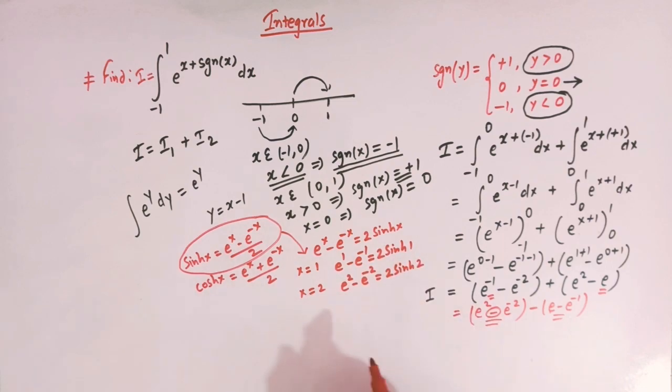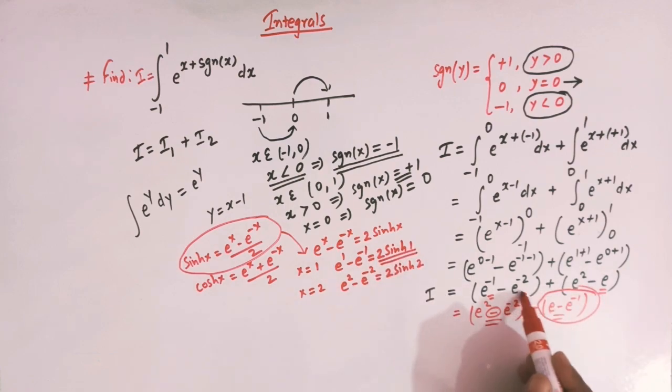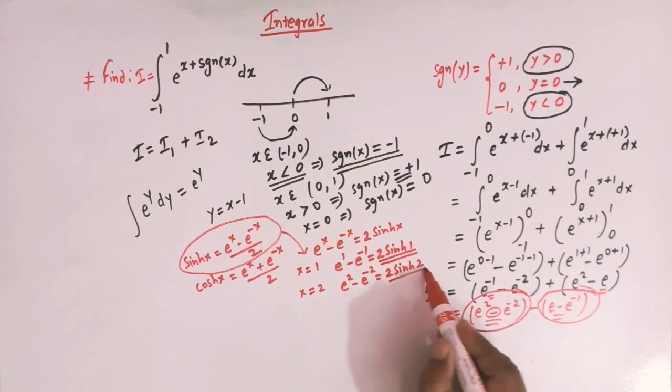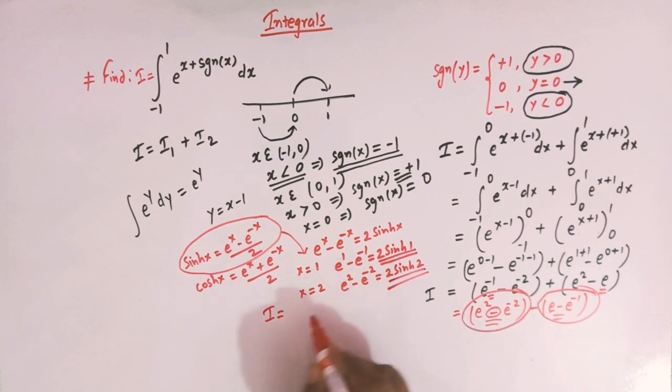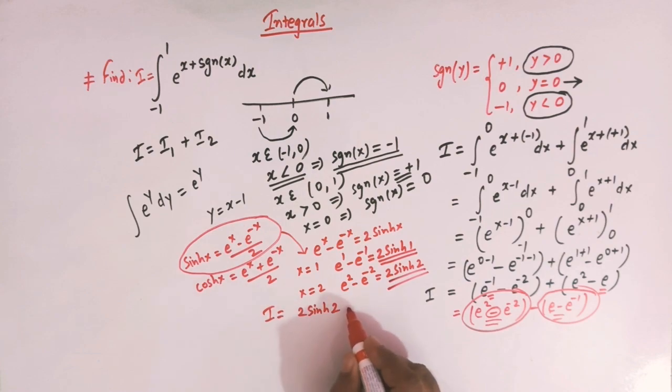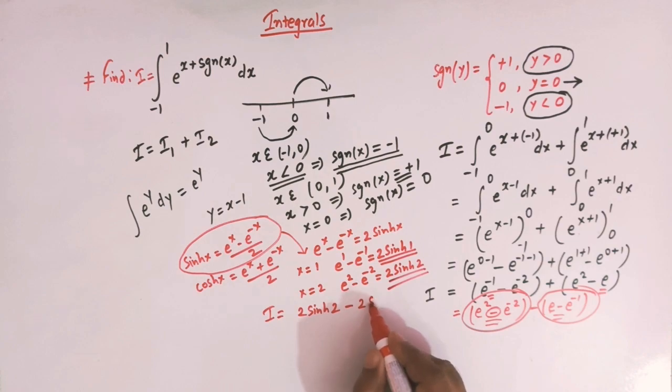So now what we will do for this term, we can write this expression, right? And for this term we can write this expression. So now it can be written as 2 times sinh 2, that is hyperbolic sine of 2, and then here we can write 2 times sinh 1, right?